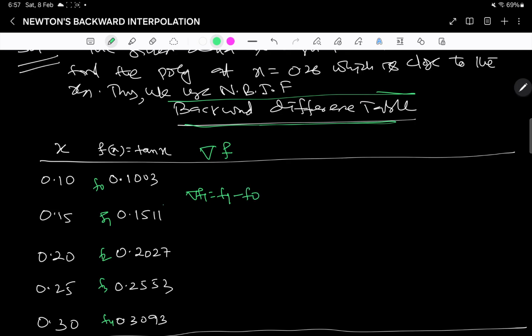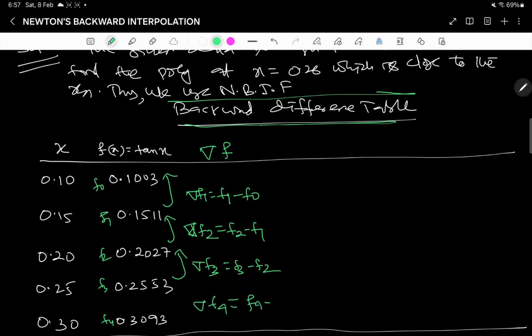The calculation is same, but in the previous case we wrote it f0, forward f0. So this is del f2, which is f2 minus f1. The calculation is same, f2 minus f1, and this minus this, it is your inverted del f3. It is f3 minus f2, and it is my inverted del f4, which is 4 minus 3.